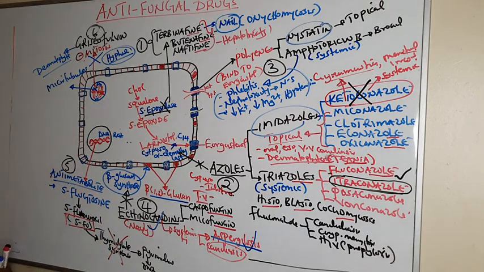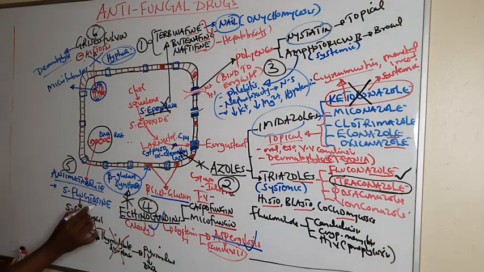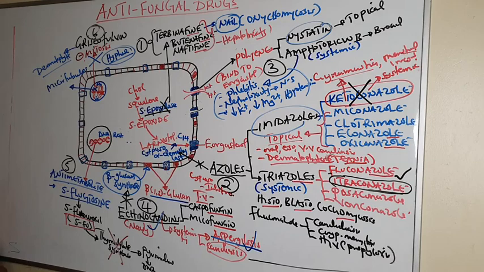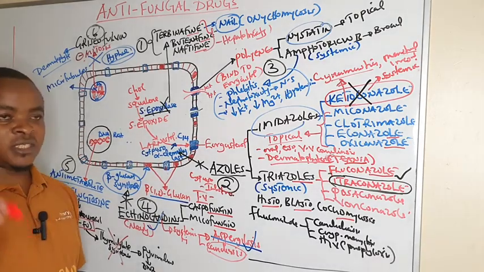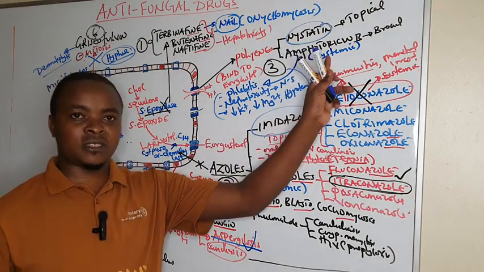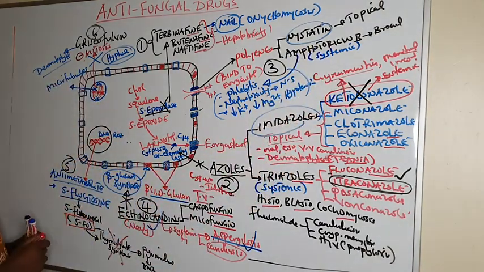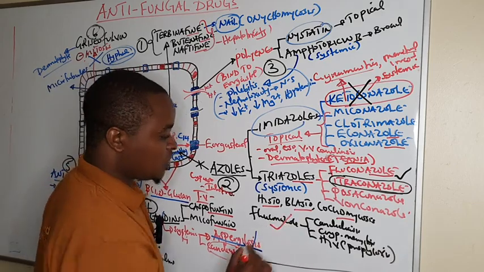Then we go to the antimetabolite, 5-flucytosine. As we said, we use it in combination with amphotericin for treating cryptococcal meningitis. Then after that, we continue with fluconazole.